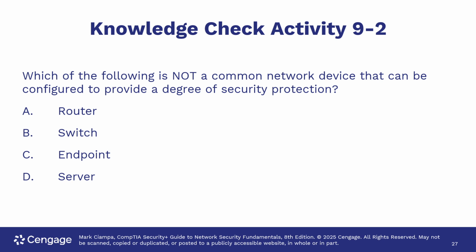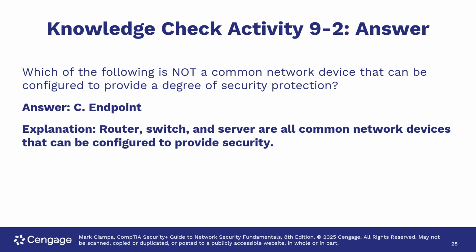Router, switch, endpoint, or server? Well, think of yourself, which of these have we not mentioned or not talked about? Well, we talked about routers, we talked about switches, we kind of sort of talked about endpoints, and we briefly talked about servers. Which one do you think it might be?